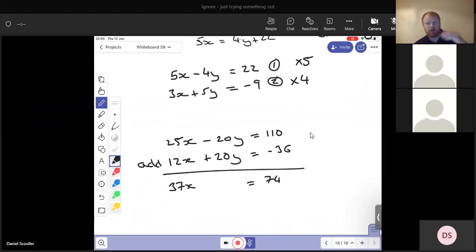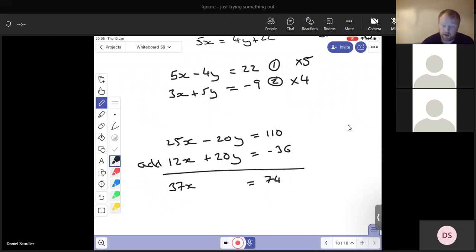So you could make them both positive, the numbers in front of the y, and then subtract them. If you like that method, that's fine. I'm going to stay consistent with this, so I'll keep it as multiplied by 4, and that keeps the numbers the same, but the symbols can be different. That's why there's an add or subtract option. Good man, cheers.